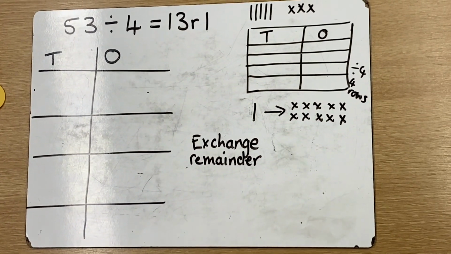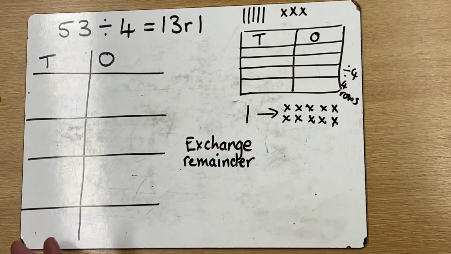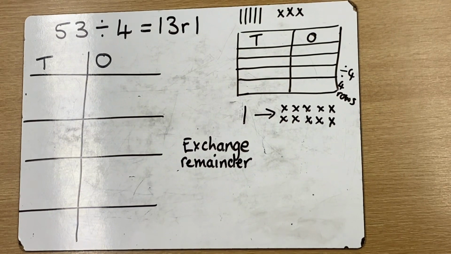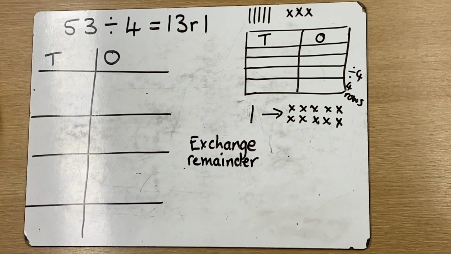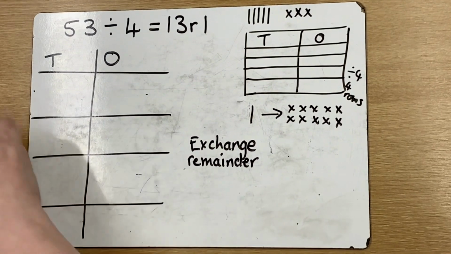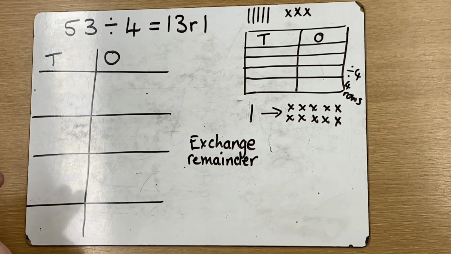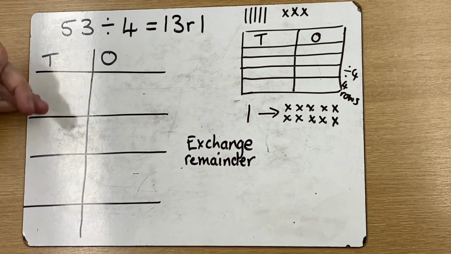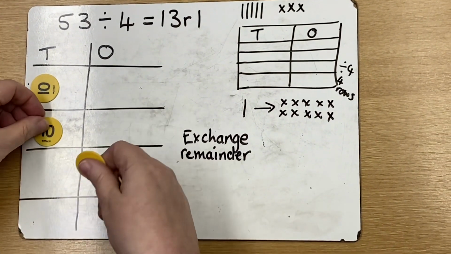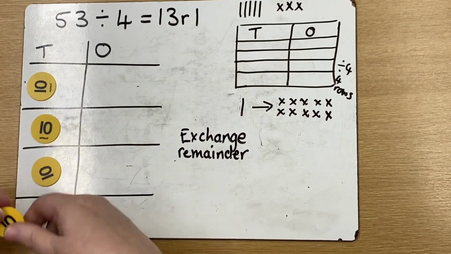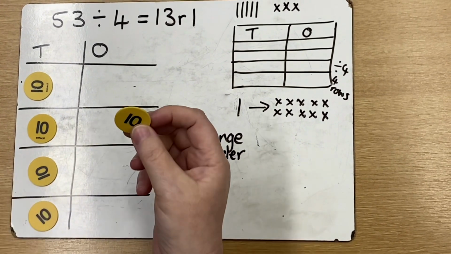Okay, so division in year 3 works on whole numbers with no remainders, and we introduce remainders. The children are very familiar with their concrete apparatus. So 53 divided by 4. We set out our 4 spaces so we know that we are sharing equally. Sharing equally and remainders are all useful.